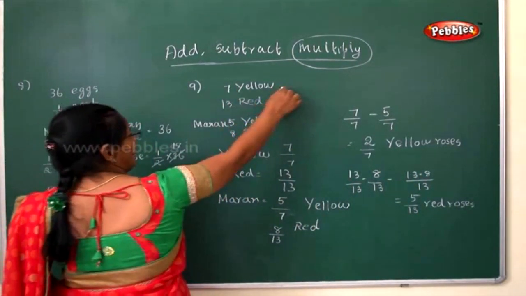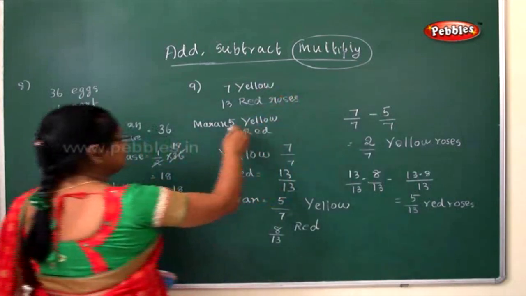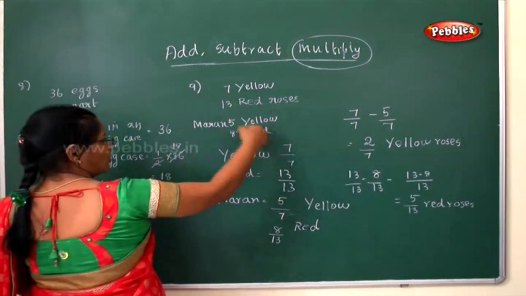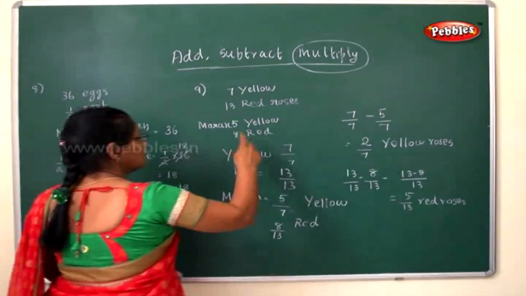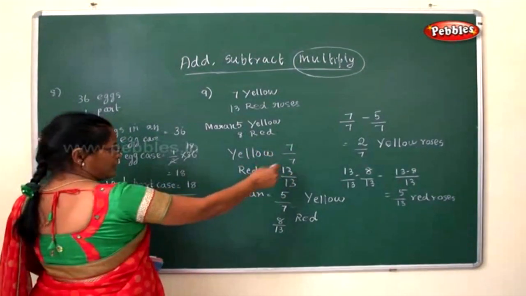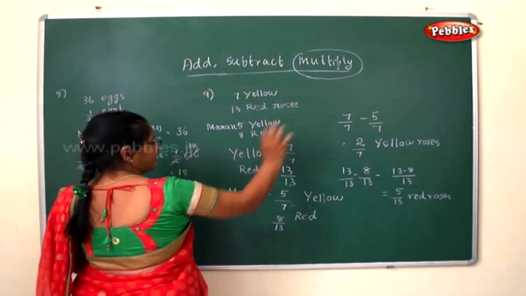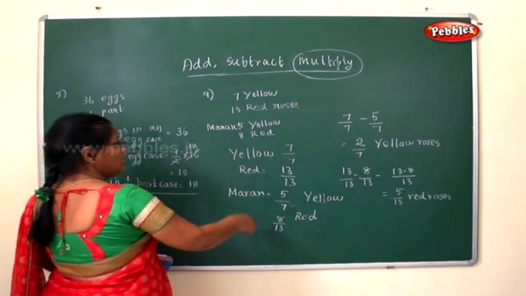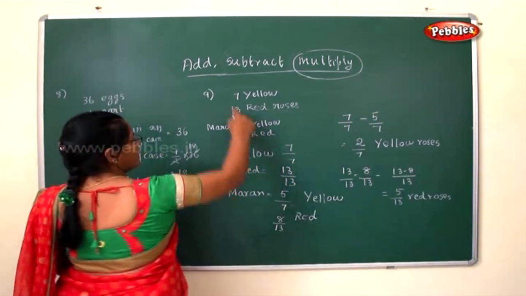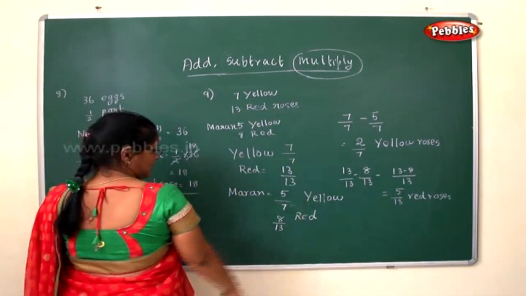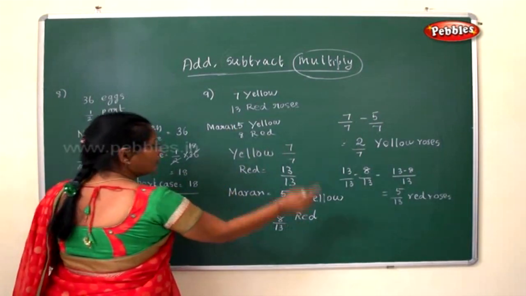See, there are 7 yellow roses and 13 red roses. Maran has taken 5 yellow roses and 8 red roses. So you have to do it in the fraction. Yellow is 7 by 7, red is 13 by 13. Maran has taken 5 by 7 of yellow roses and 8 by 13 of red roses.